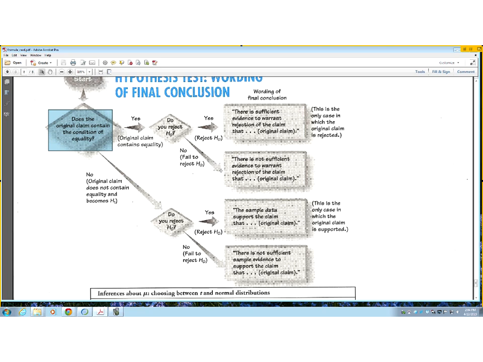So that was not in the null hypothesis because it had the not equal to. So no. The claim was in the alternate. Now, did we reject? We did. Okay. So the third box, that's your conclusion.